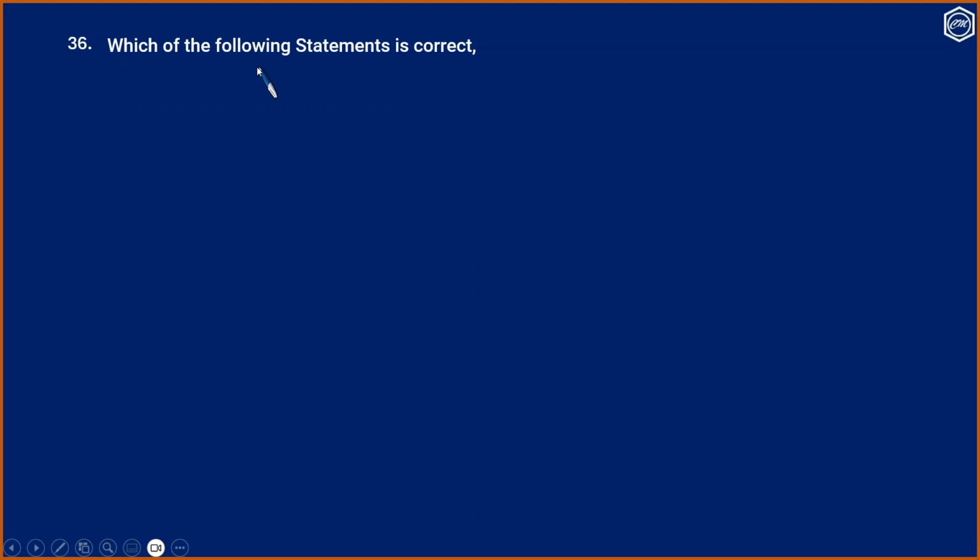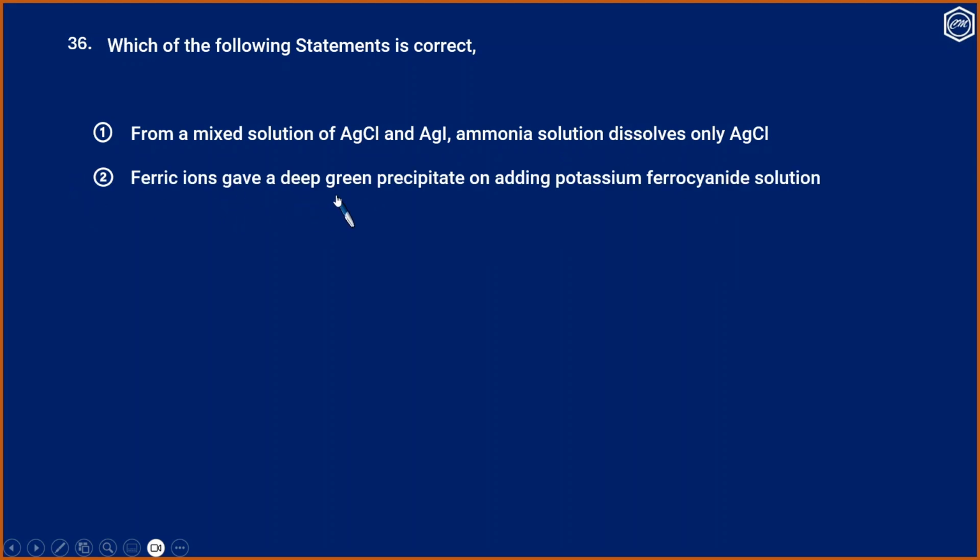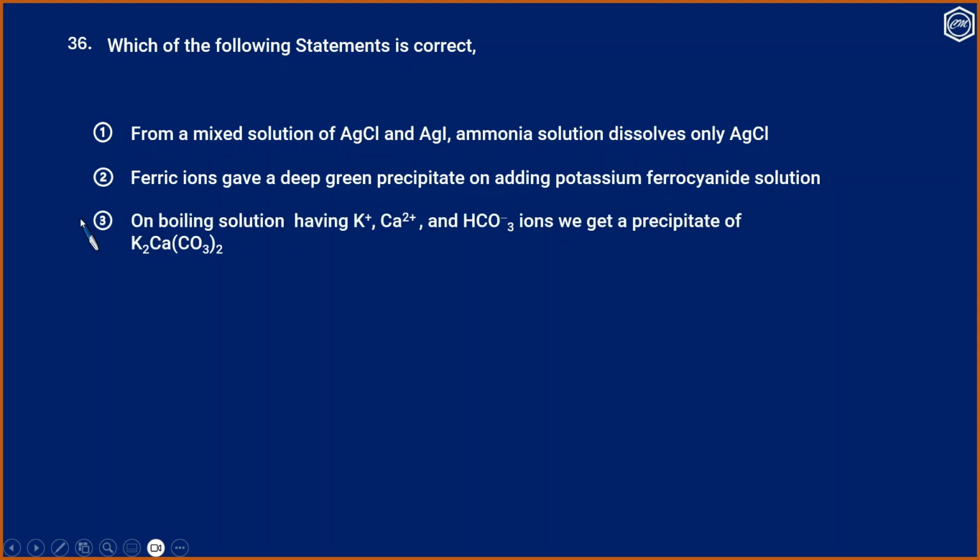Question 36. Which of the following statements is correct? From a mixed solution of silver chloride and silver iodide, ammonia solution dissolves only silver chloride. Ferric ions give deep green precipitate on adding potassium ferrocyanide solution. On boiling a solution of K+, Ca2+ and HCO3- ions, we get precipitate of potassium calcium carbonate, K2Ca(CO3)2.